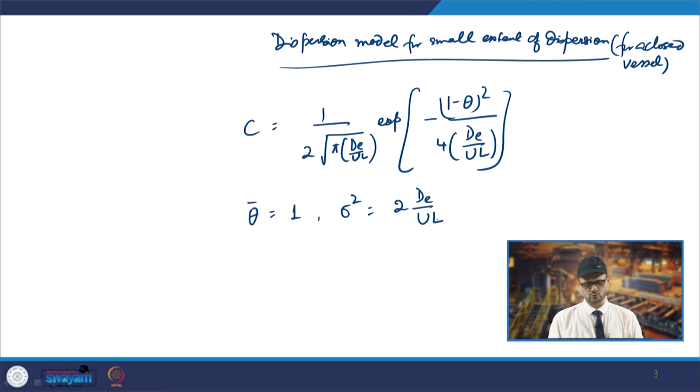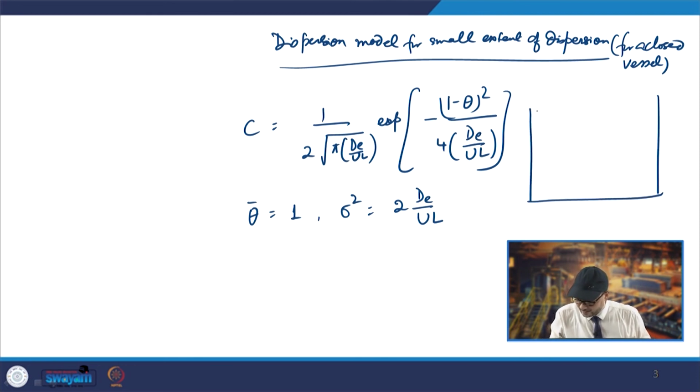So, if you try to draw these family of curves for the different values of d by ul, for the large and small value of the dispersion in a closed system, then your C curves look somewhat like this.